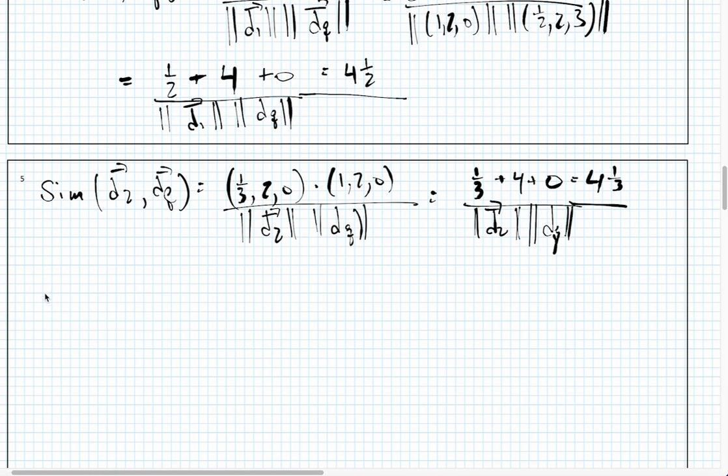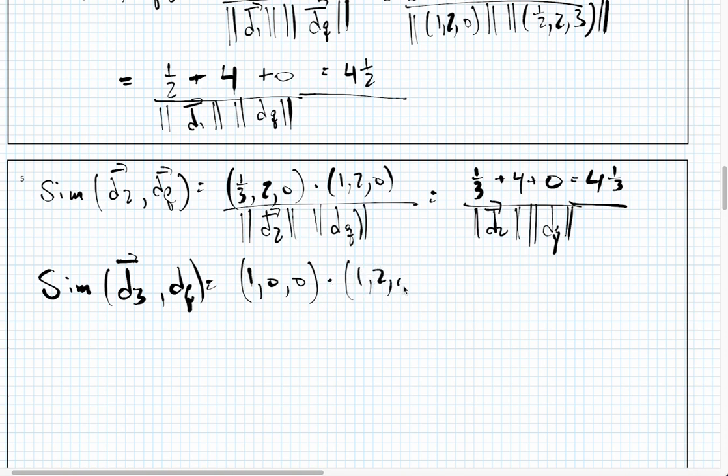Then I come over here and I do the similarity between D3 and DQ. And that is going to equal 1, 0, 0 dot 1, 2, 0 over the magnitude of D3 times the magnitude of DQ.